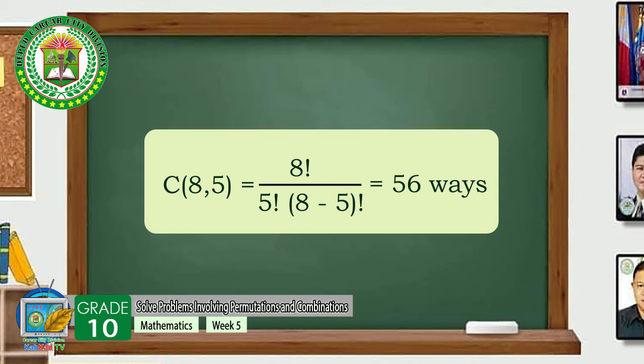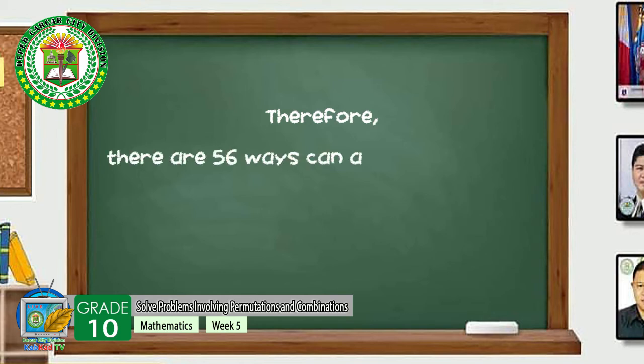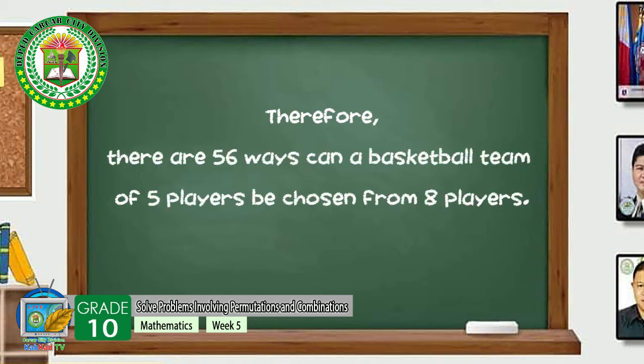So the remaining will be 8 times 7 times 6 all over 3 times 2 times 1. That is equal to 336 all over 6. And the final answer will be 56. So therefore, there are 56 ways a basketball team of 5 players can be chosen from 8 players.